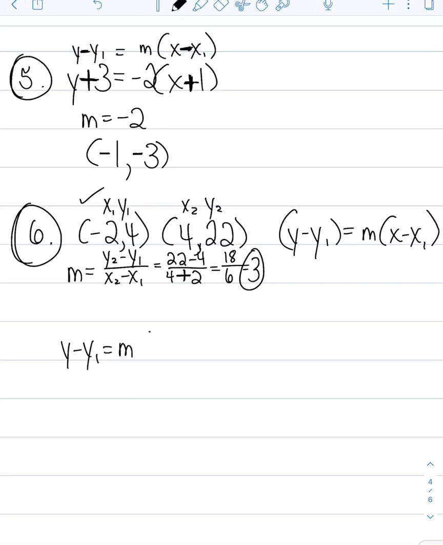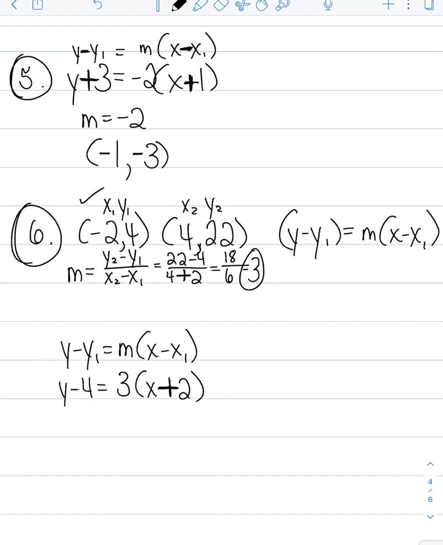I always start with this until I know I have it memorized. I always write it to make sure I get the right stuff. So this is going to be y minus 4, I'm using the first point, equals 3 times x minus a negative 2. Well, I know that becomes a plus 2.